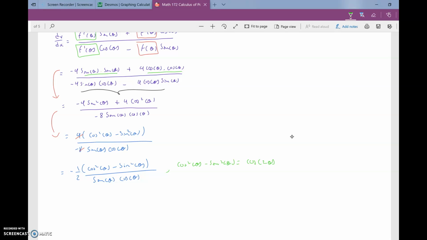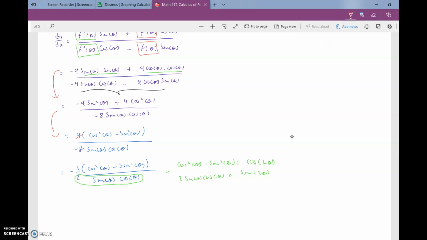And then there is an identity for this portion as well. So 2 sine of theta cosine of theta, you can express as sine of 2 theta.